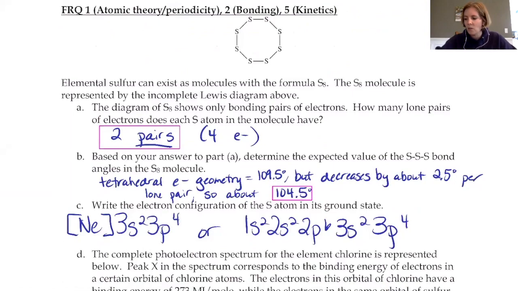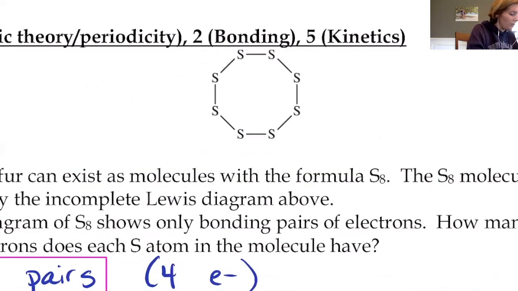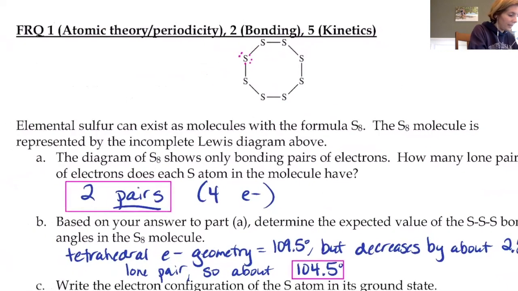That means it has 4 electrons that you would still have to draw in there. So if you're drawing this Lewis dot structure, each one of them should have 4 more dots on it. So here's one in that bond, here's one in that bond, something like that. So it'd have 2 pairs of electrons. Okay.